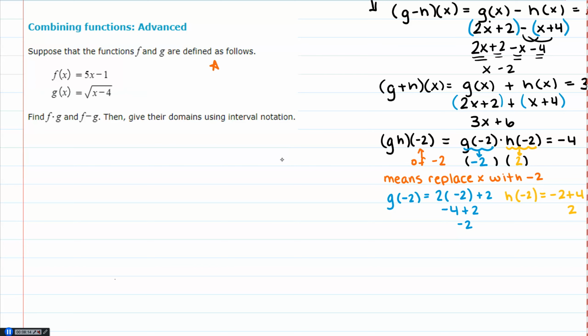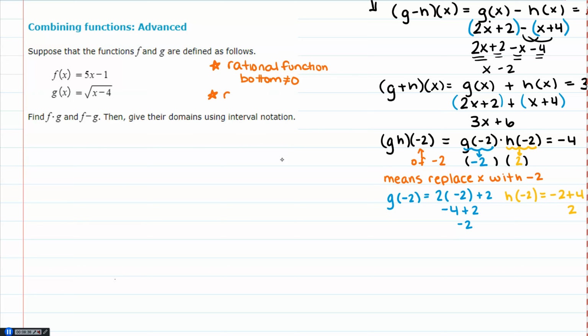So the rules are if you've got a rational function, then the bottom cannot equal 0. So your domain would be everything except the x values that make the bottom 0.